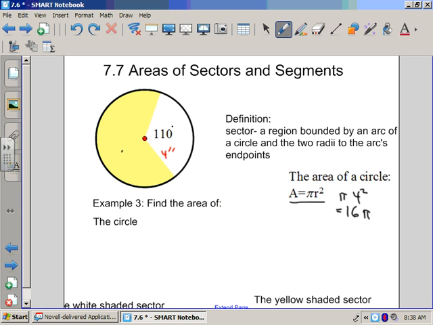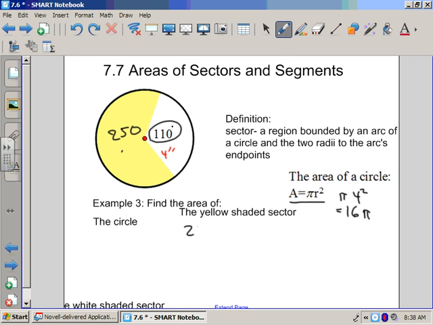What is the area of the yellow shaded region? Well, if the central angle for the white shaded region is 110 degrees, then the central angle for the yellow shaded region must be 250 degrees, so the whole thing equals 360 degrees. So the yellow proportion of the circle is 250 degrees out of the total 360 degrees, and I'm going to multiply that by the area of the circle, which is 16 pi.